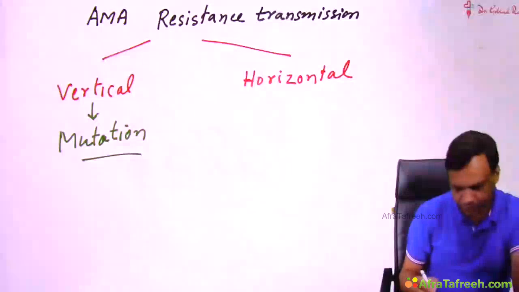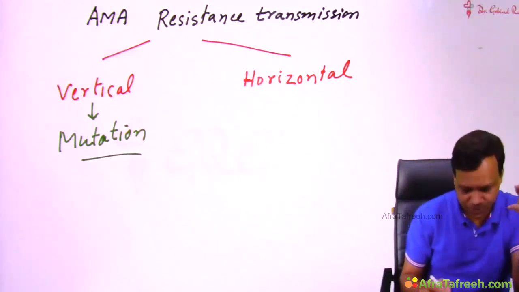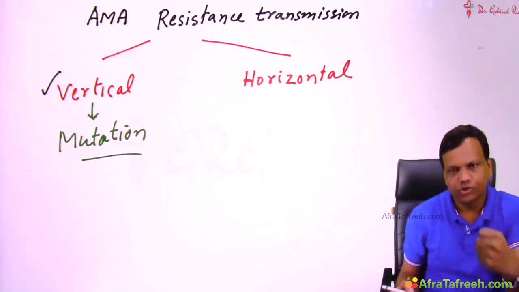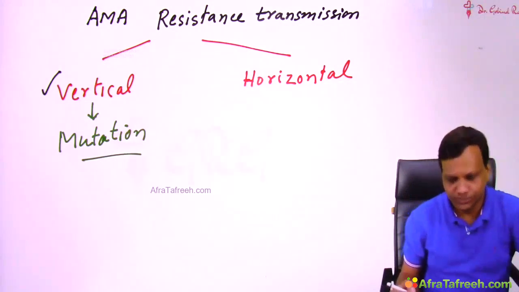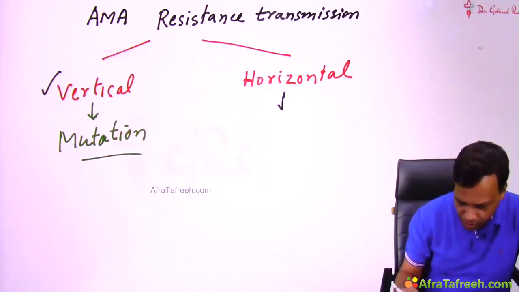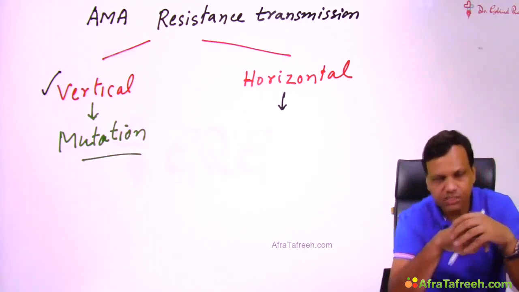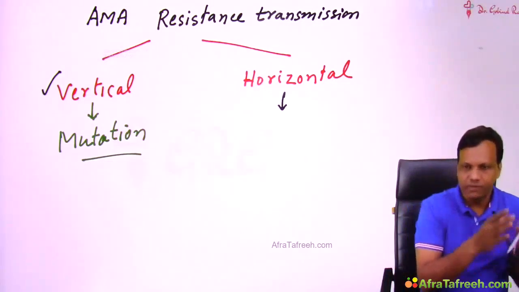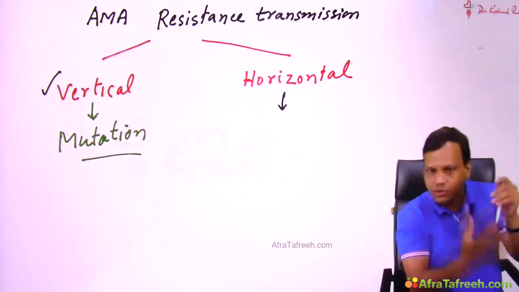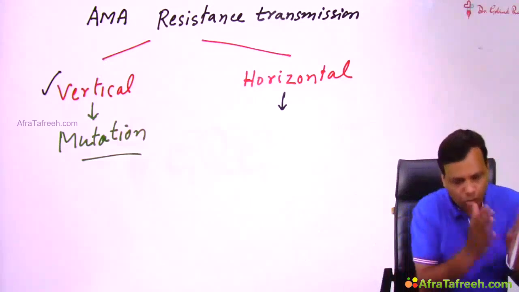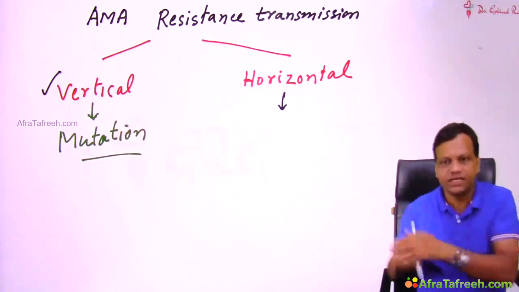So coming back to how the resistance is transmitted. Vertical transmission is mostly through mutation, and that mutation is transferred to all the progeny. But more important is horizontal drug transmission. Horizontal transmission means one bacteria is resistant, and it will make another bacteria resistant, not the progeny. Horizontal, like brothers and sisters. So how does this bacteria make other bacteria resistant?